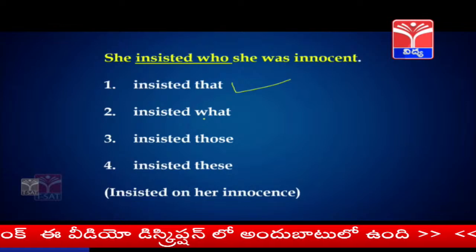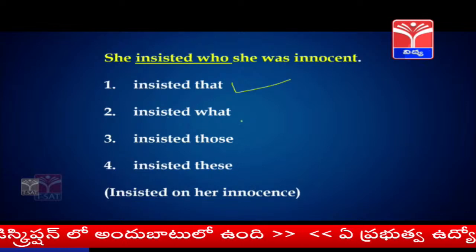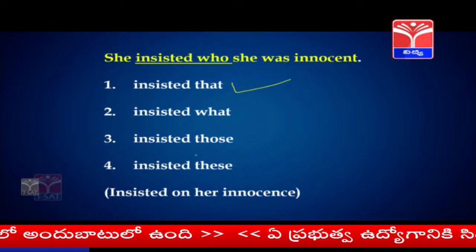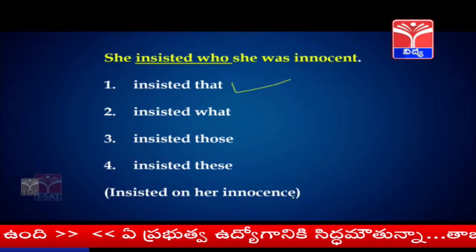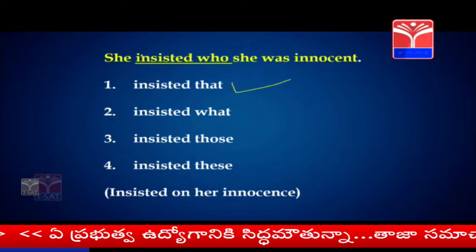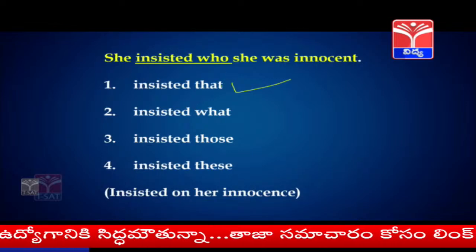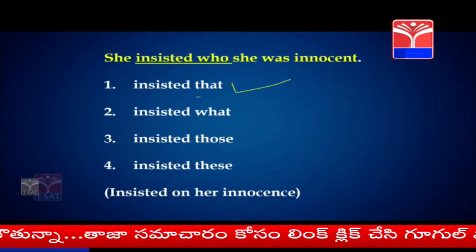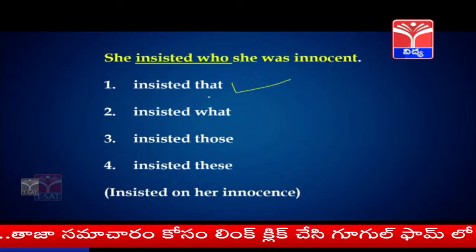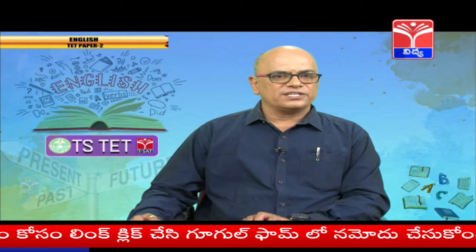You cannot say insisted what she was innocent, or those and these. So, these you can eliminate. The other way you can say she insisted on her innocence, but the point is we will have to focus upon the underlined part. You cannot go beyond that, and no option is given in this manner. So, among the 4 options we will have to choose the first one. She insisted that she was innocent.